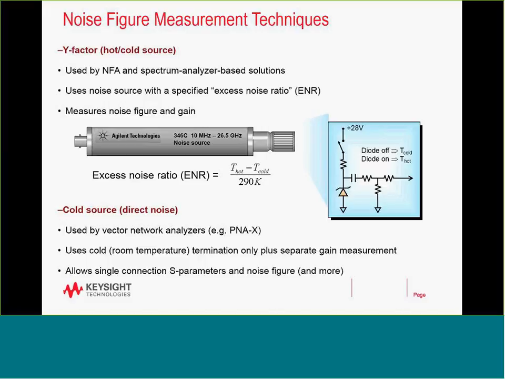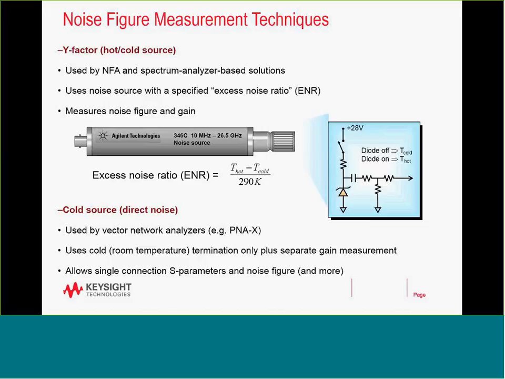The Y-factor method requires a noise source with an excess noise ratio with two states, so we make measurements using hot and cold states.